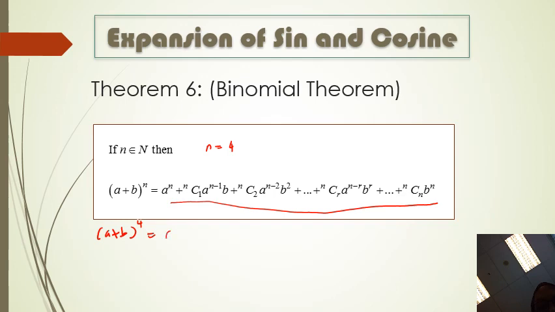So we follow the formula: a^4 plus 4C1 a^(4-1), which is a^3, b, plus 4C2 a^2 b^2 plus 4C3 a, where 4 minus 3 is 1, b^3, plus 4C4 b^4.